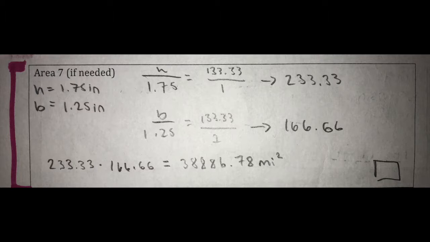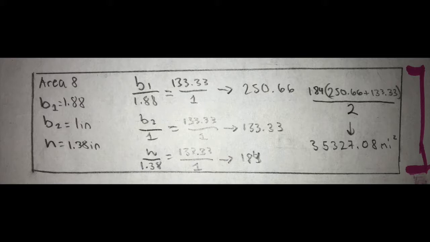For the base, we had 1.25 inches and we set the ratio b over 1.25 equal to 133.33 over 1, getting 166.66 miles. We then multiply the two to get a product of 38,886.78 miles squared.